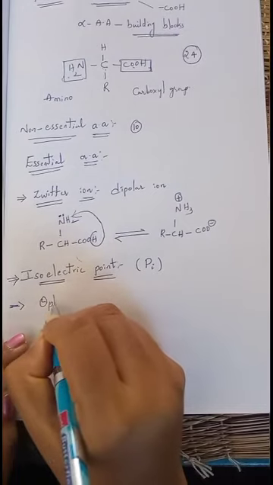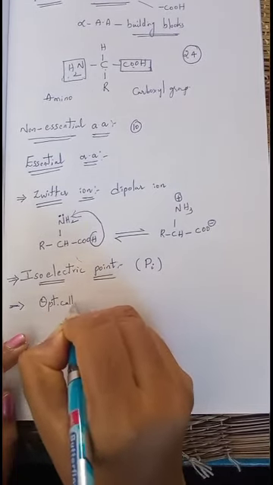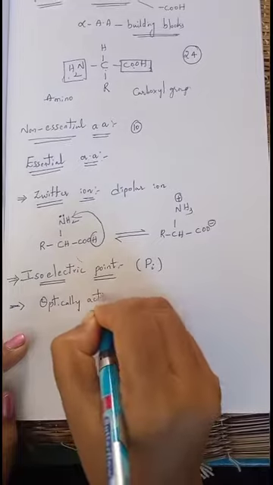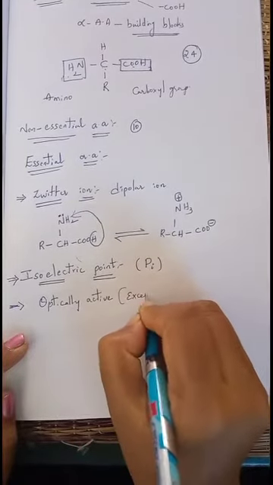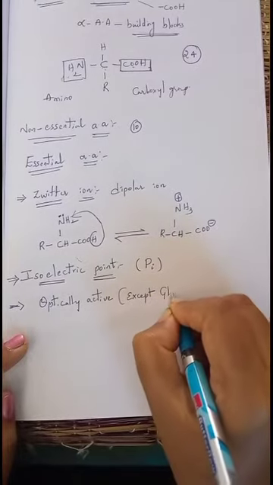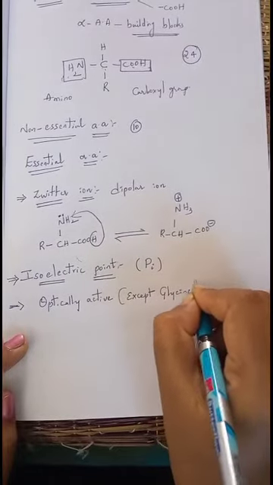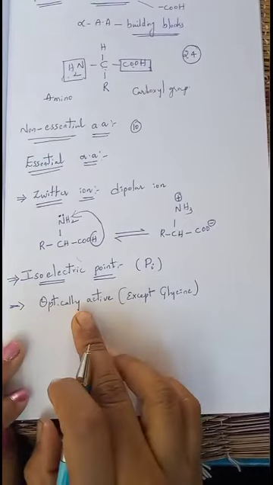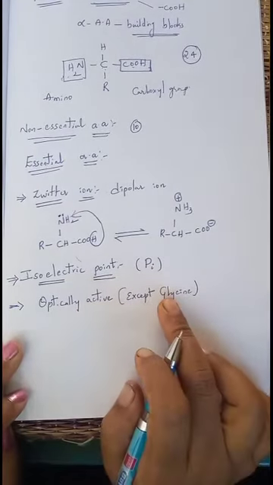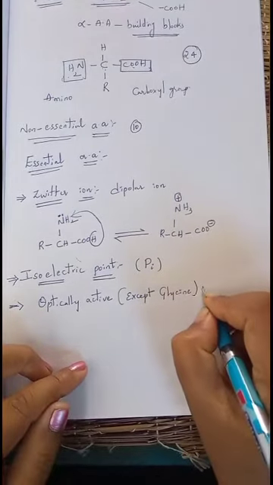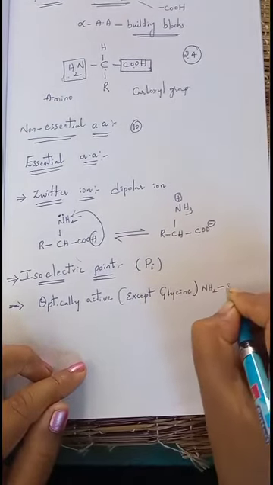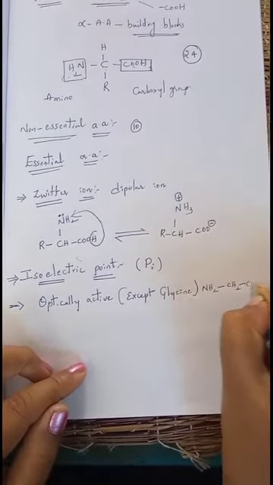They are optically active except glycine. Except glycine, all the remaining are optically active, because glycine does not have an asymmetric carbon. The glycine formula is NH2CH2COOH.